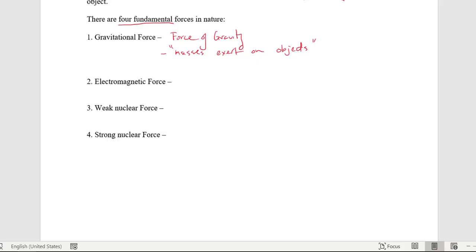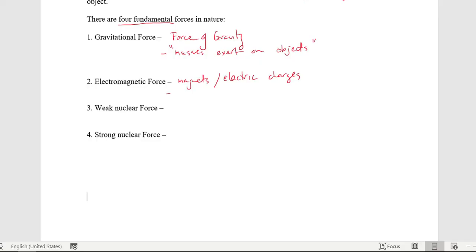So aside from the force of gravity, these are the 3 other fundamental forces, and they're not as well known. The electromagnetic force you may have heard of. This is the force of how magnets work. Okay, and we'll talk more about it in Unit 4, and also how electric charges work. So if you think about in grade 9 science, when you did static electricity, that'd be electromagnetic force.